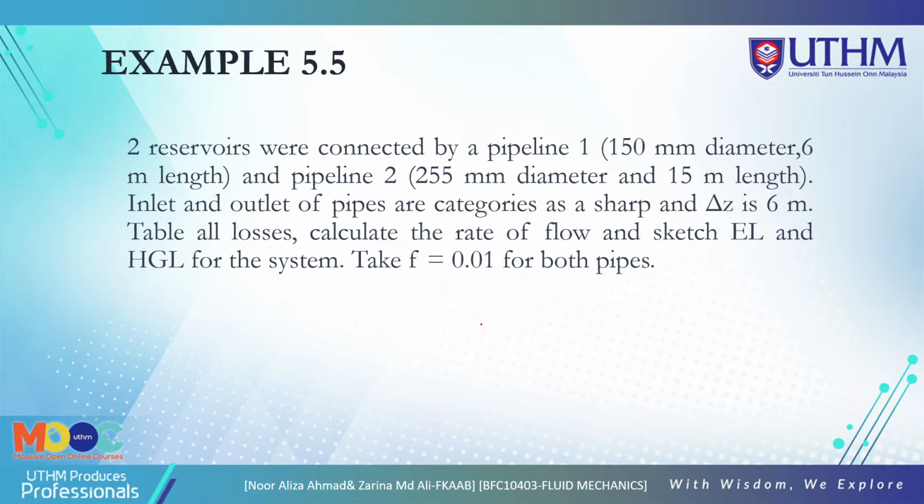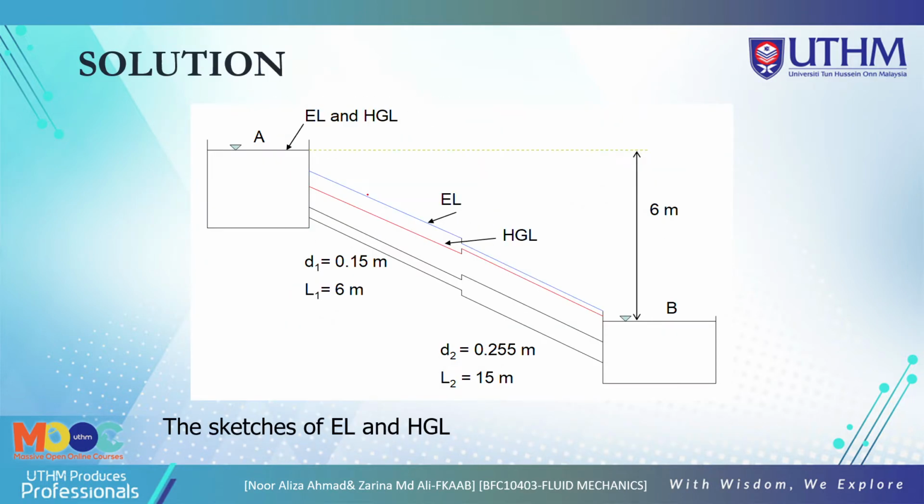Actually the figure for this example is like this. From tank A to tank B, the difference ZA minus ZB is 6 meter. D1 and L1 are based on this, and D2 and A2. They go from the small pipe to the big pipe.